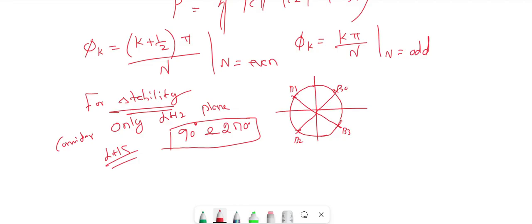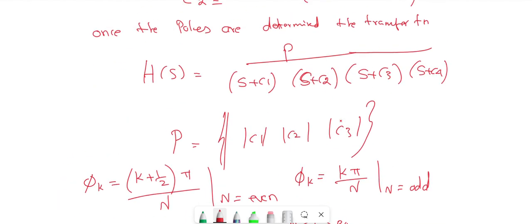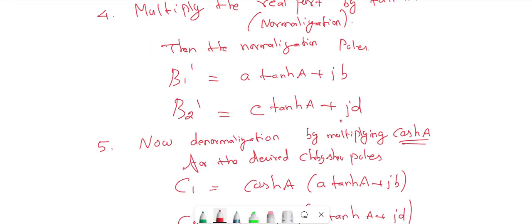So the main concepts here are the comparison of the Butterworth and Chebyshev filters, how the magnitude frequency response is specified, how to find the order of the filter, and how to find the angles of the pole locations. Also the geometrical relationship between Butterworth and Chebyshev filters: once you know the Butterworth filter, you can find the Chebyshev filter using these steps.